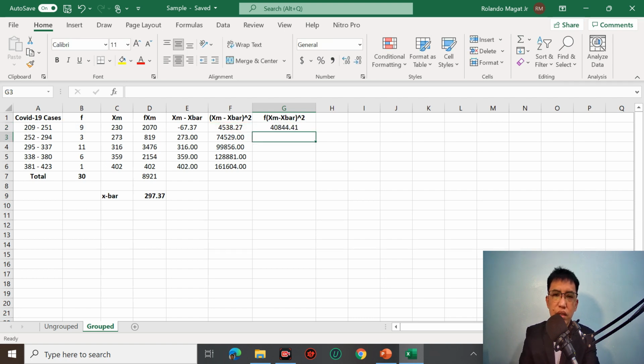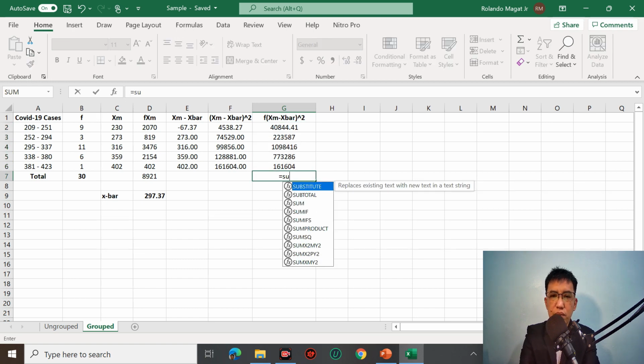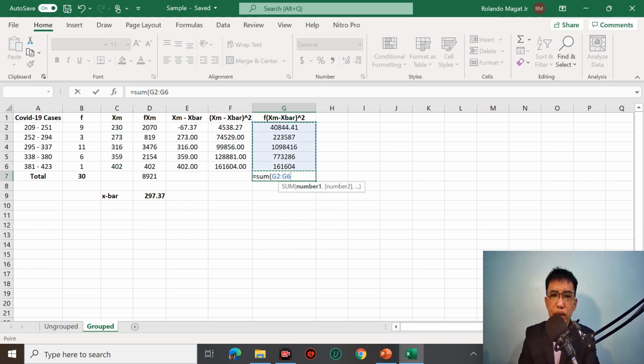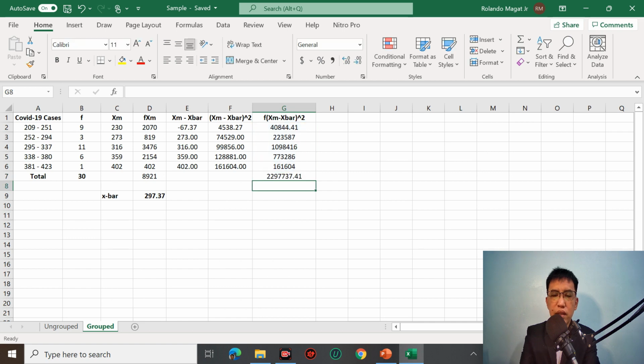Enter. Then drag it down all the way to G6. Then let's get the sum. It's equal to sum. Then enter. Now we are ready to get the standard deviation.